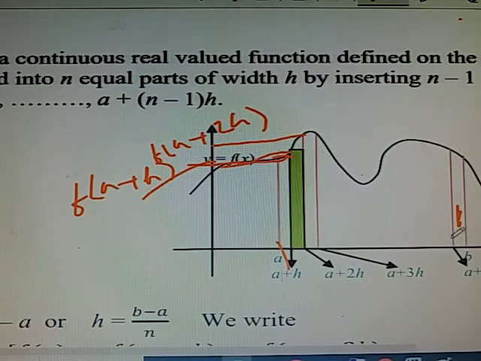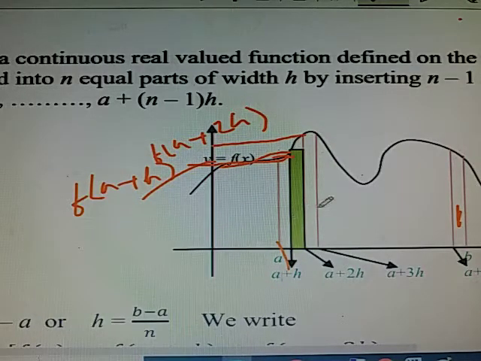So, getting it? This is the limiting sum of f(x) into dx, and this gives you the area. When h is greater, then this error value is greater. When h is going smaller, this value is underestimated, because we are taking the rectangle only.